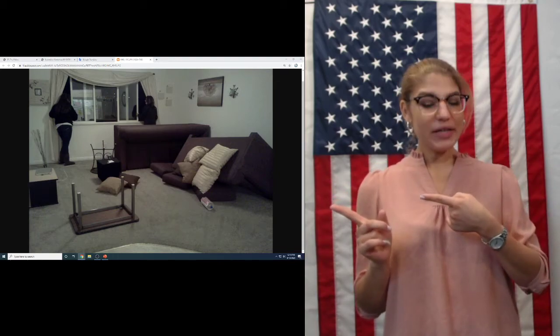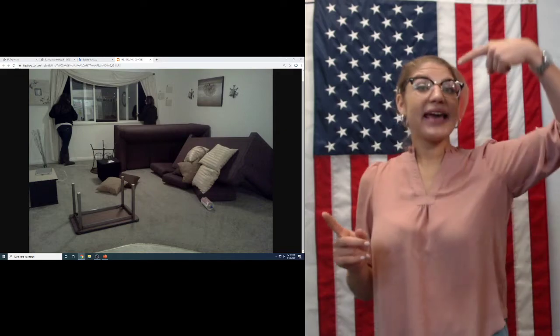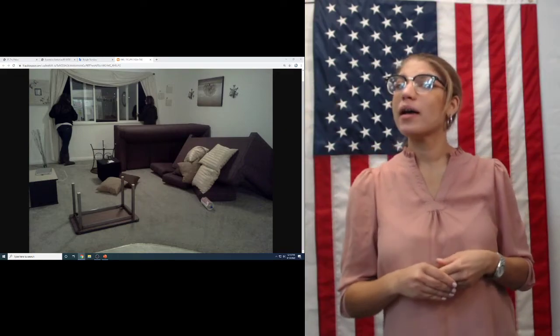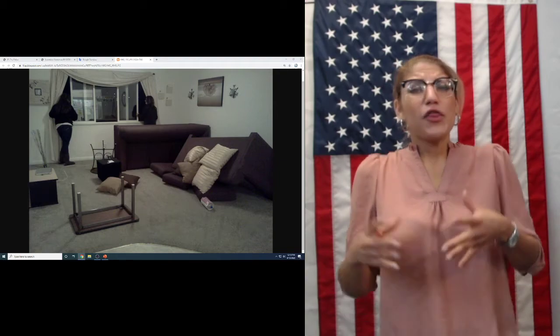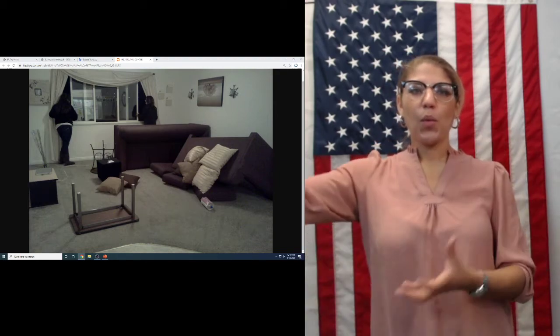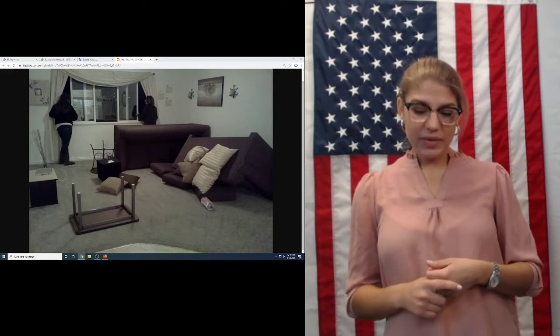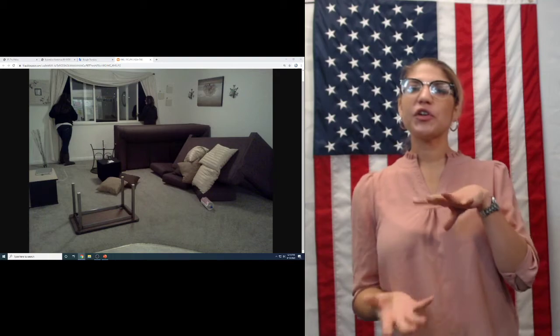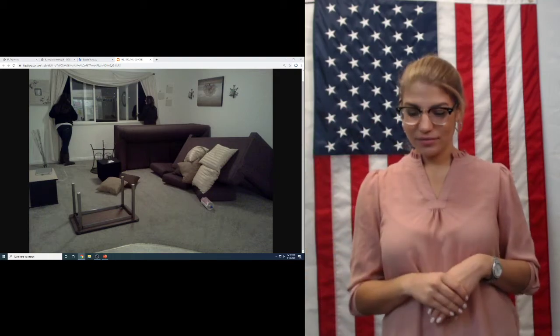Good example here. The table in the center of the room is turned upside down. The sofa is turned upside down. The furniture is turned upside down.